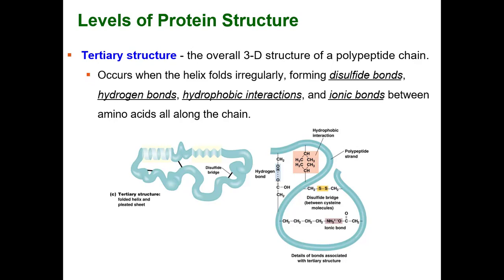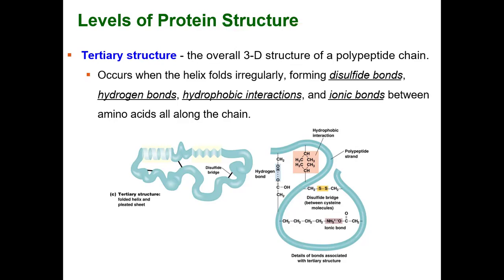As shown here, this amino acid, which is at the end of the protein, is being attracted to this amino acid here near the start of the protein. And that gives the tertiary structure.